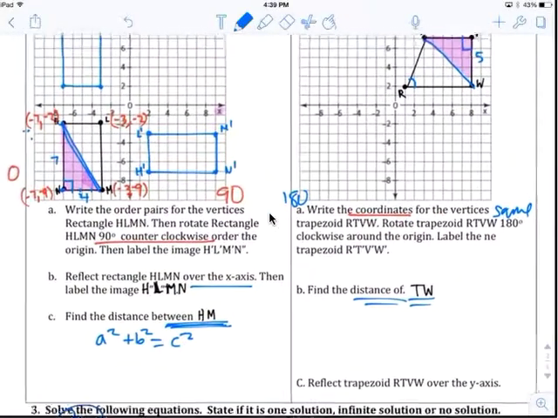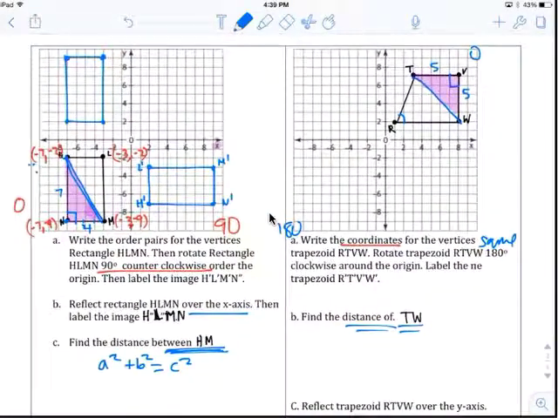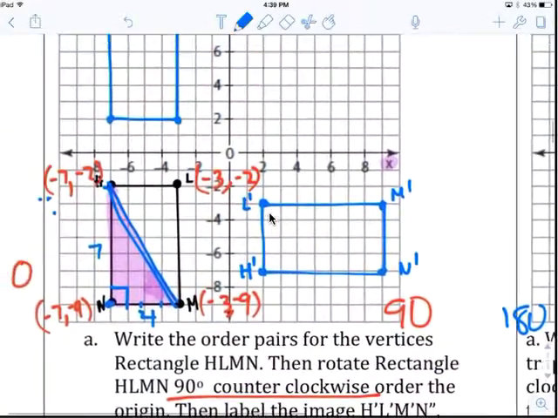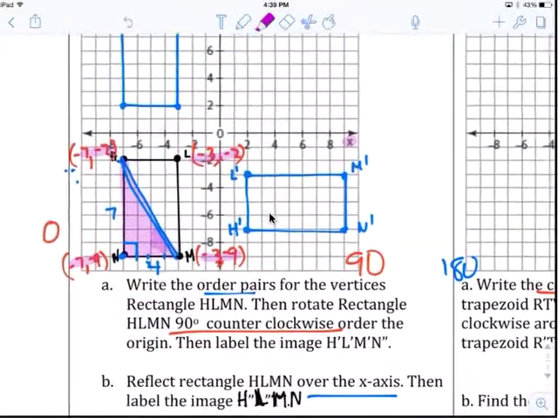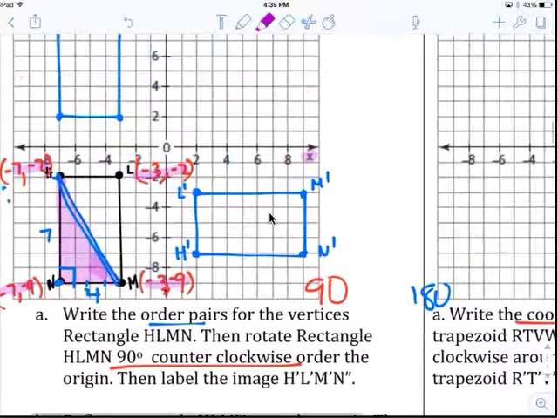Okay, we did this in class for some of the classes. If not, make sure you write the ordered pair. Ordered pair are these coordinates. 90 degrees, make sure you flip them and put them in the right spot.